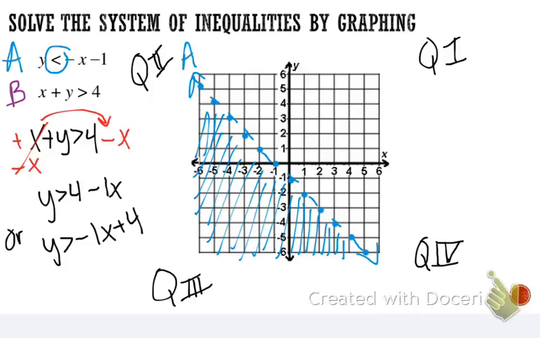Okay, so that means we're going to start at the positive 4 on the y-axis, and then we're going to use the slope of -1. So put it as a fraction. This means go down 1 and run to the right 1, or go up 1 and move to the left 1. And keep going with the same pattern.